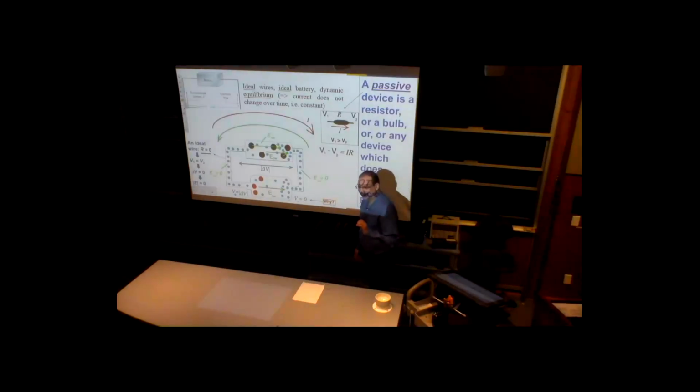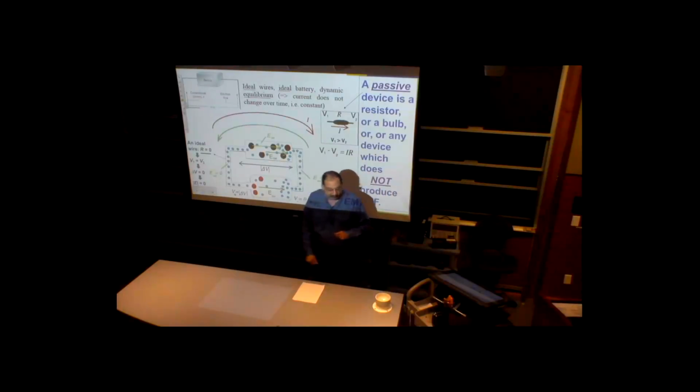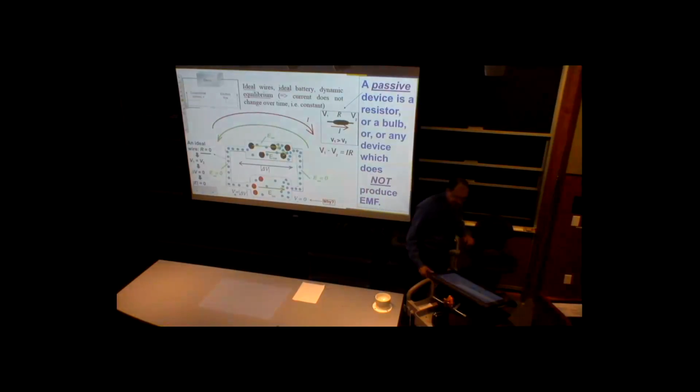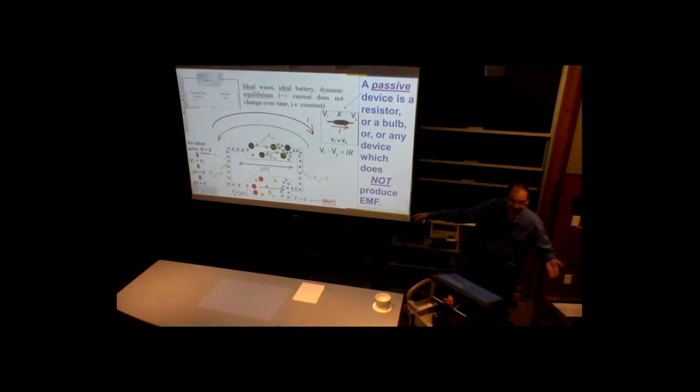If we have any resistance, it's here in the device, in the passive element. And see what the difference is between the passive element and the active element. The active element, the battery, produces a fixed amount of voltage. Now we call it EMF. The passive element doesn't produce anything.